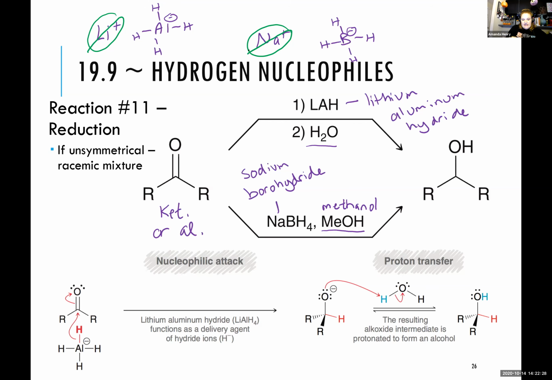Aluminum and boron each have 3 valence electrons. So where they're at on the periodic table, they're right over here. They're right next to carbon, or rather, they're in the column next to carbon. They have 3 valence electrons, which means that they want to form 3 bonds.